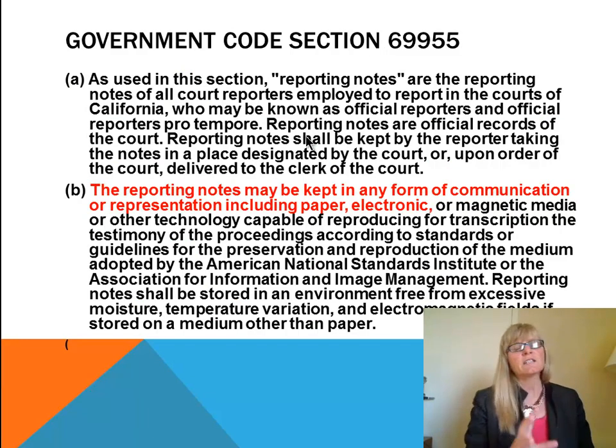And if you want to get into specifics of these code sections, please email TechImpact and we can get this PowerPoint to you. Government Code Section 69955 relates to official court reporters, and once again, it does allow for the electronic backup of notes.